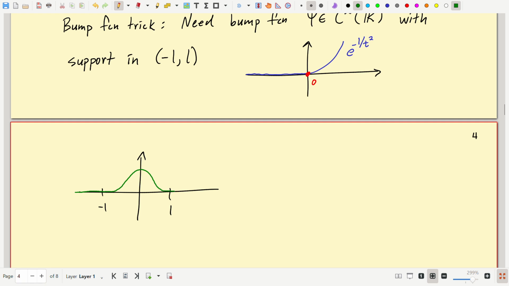I made it symmetric. That was nice. But the problem was that maybe the area underneath wasn't 1. So I get a C infinity bump here. Call this thing psi. And then I let C equal that area under the graph.